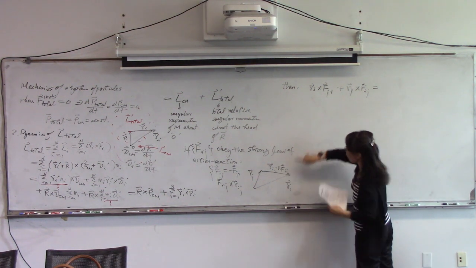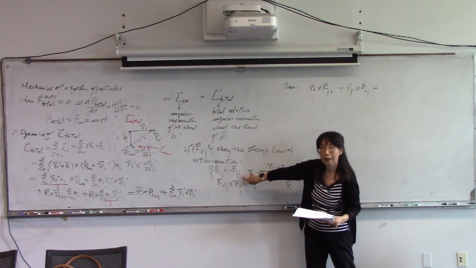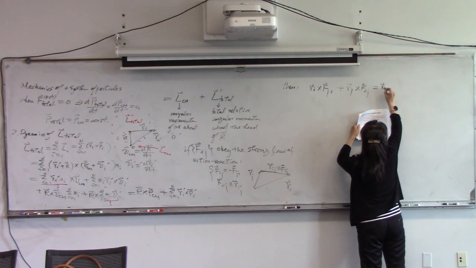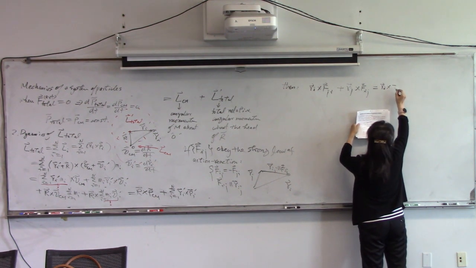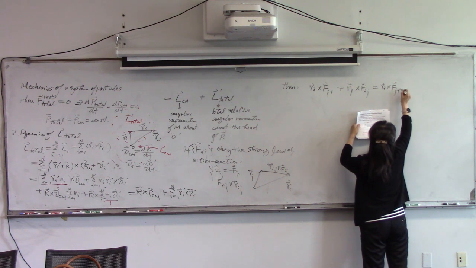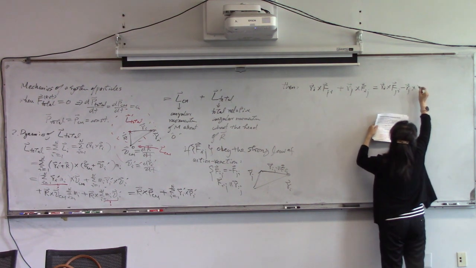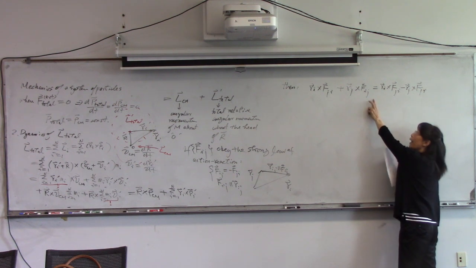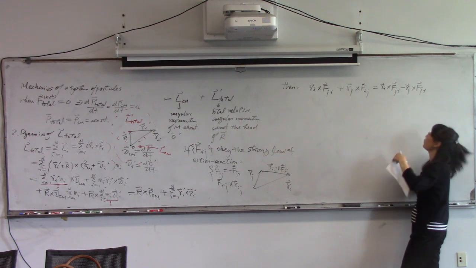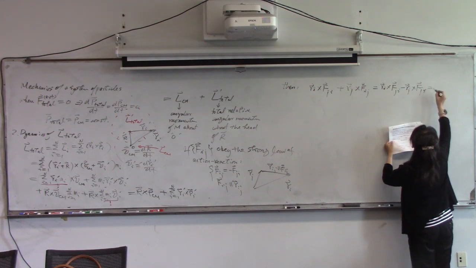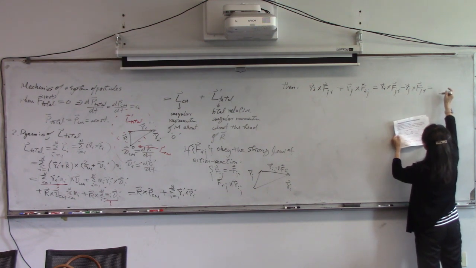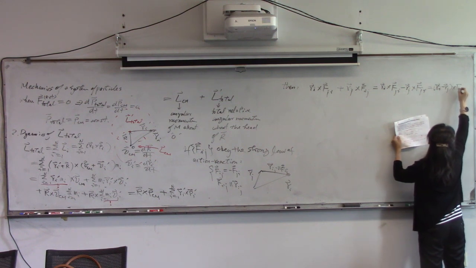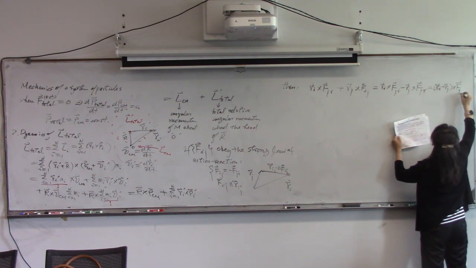Because they follow the weak law of action-reaction, we have Ri cross Fji minus Rj cross Fji. I just changed the index. Fij is negative Fji, right? So this is equal to the difference: Ri minus Rj cross product with Fji.